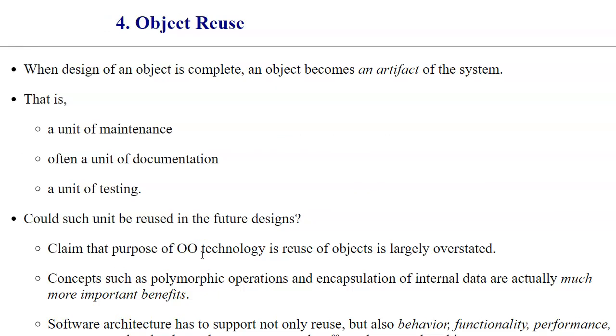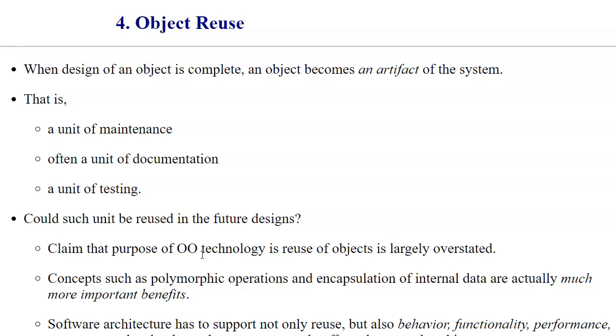When the object design and its code is fully written, it becomes a well-understood component in the system. So it becomes reasonably a unit of maintenance, a well-understood part that should be well documented, and of course it also can be tested independently.